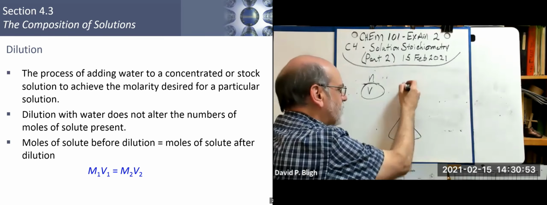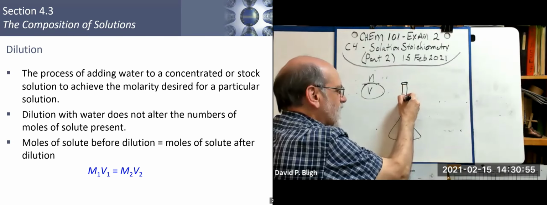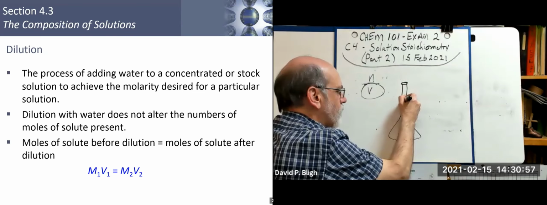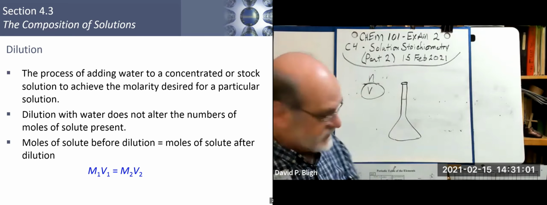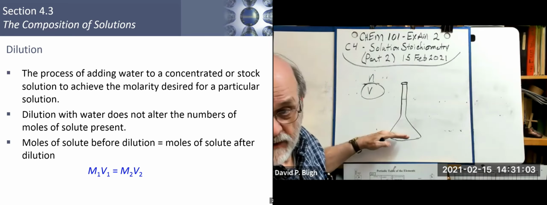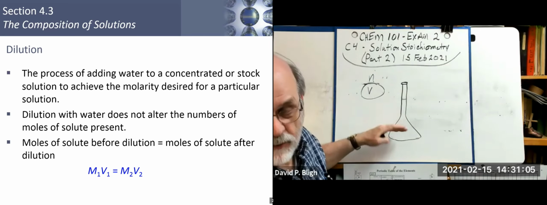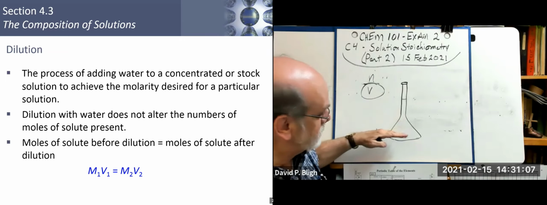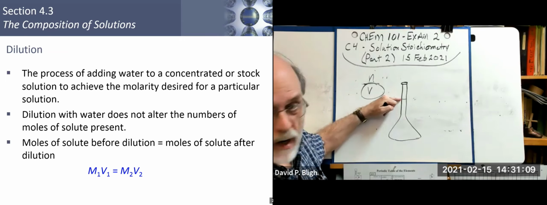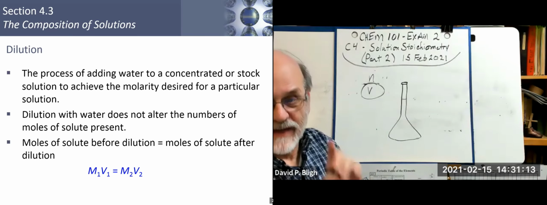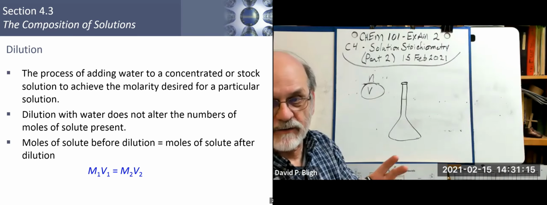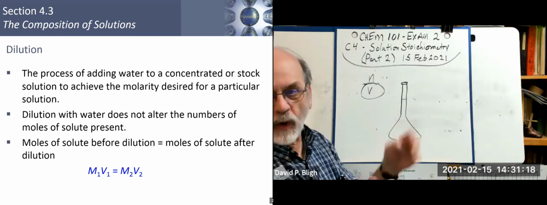Something like that. And then there's a line drawn right here. That line indicates that if you fill this up with a liquid, preferably aqueous, it's calibrated for aqueous, up to that mark at a given temperature, you will have exactly the volume indicated on the flask. So let's keep it simple. Let's say it's 1 liter.